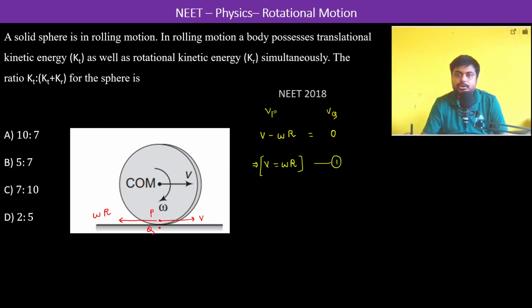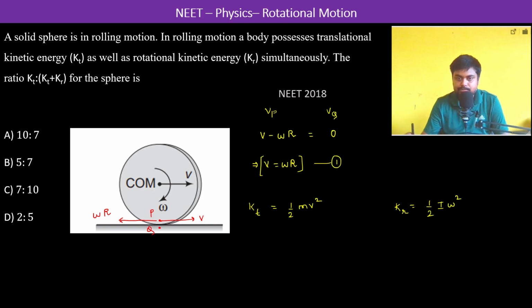The body possesses translational kinetic energy, so Kt is equal to half mv square, and rotational kinetic energy as well, Kr is equal to half I omega square.